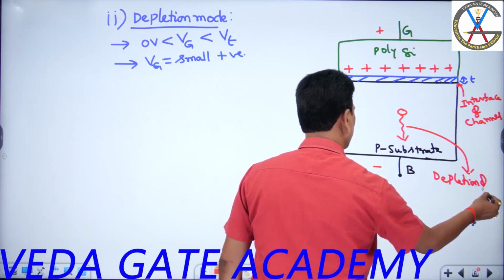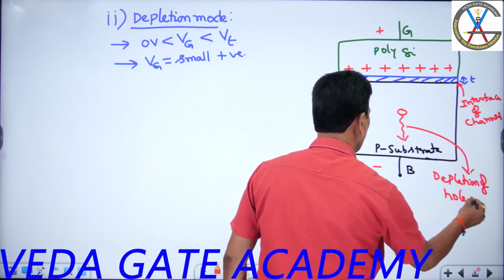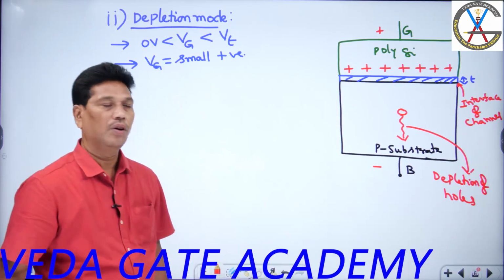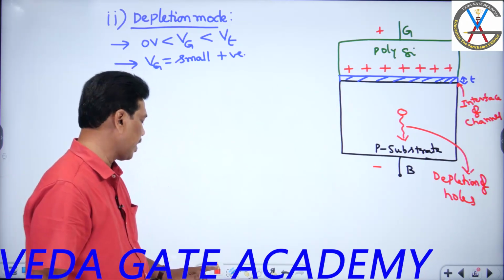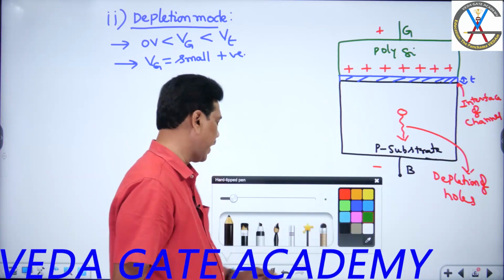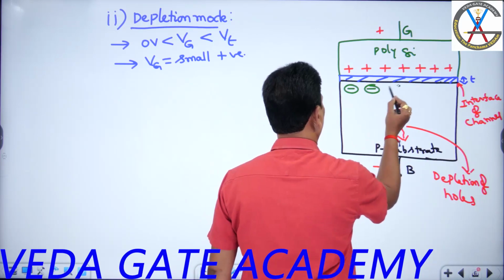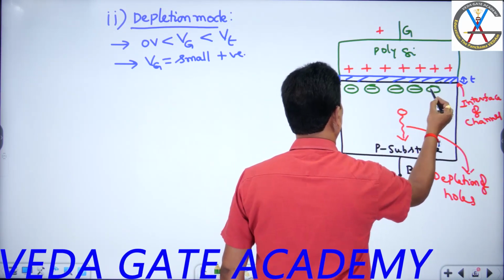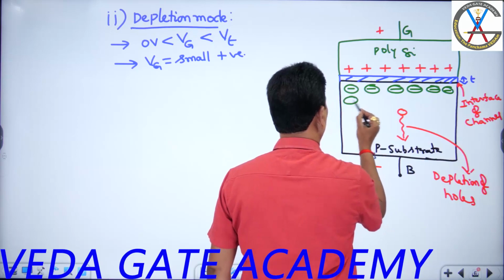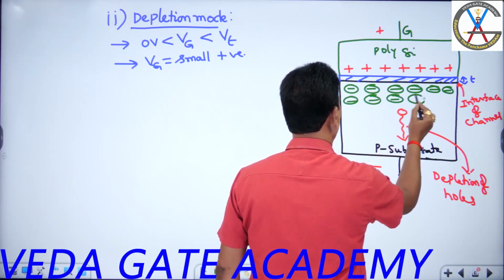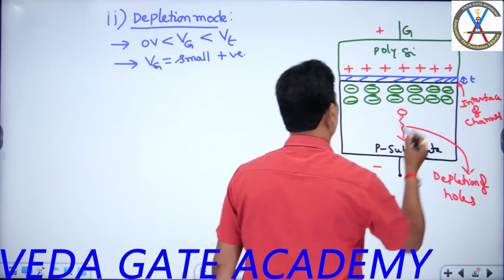Depletion of holes. Depletion means they move away from the interface. The depletion of holes from the channel interface causes negative ions, the growth of negative ions like this. So you are getting an added barrier effect by the negative ions, students, like this.